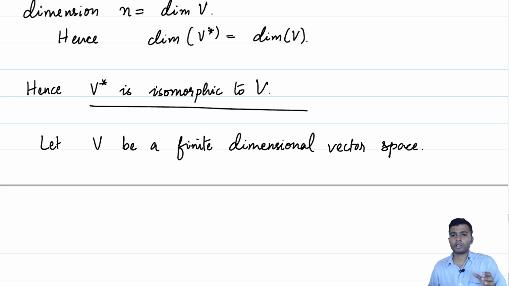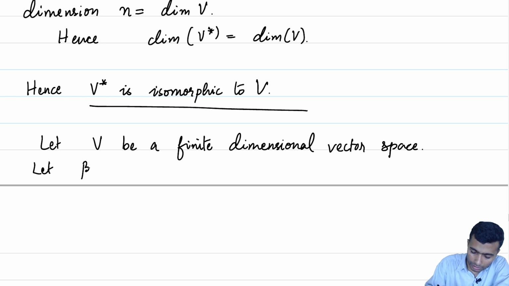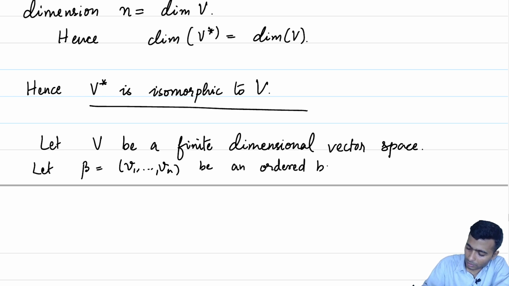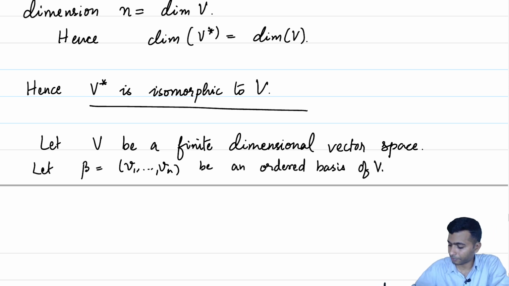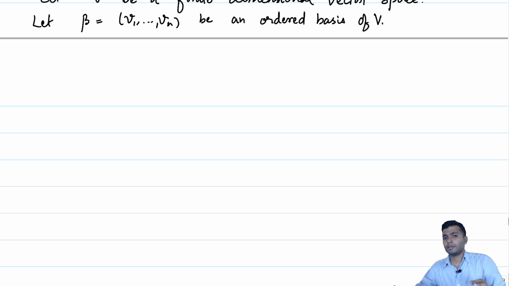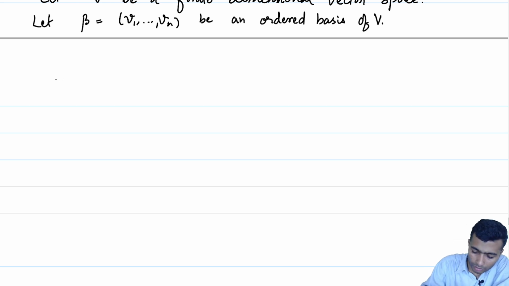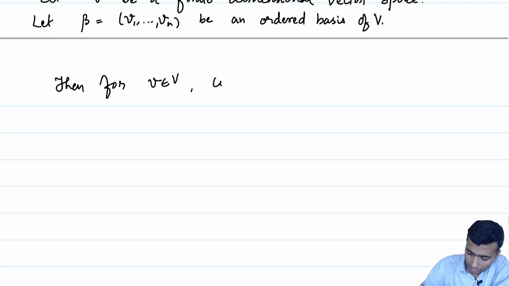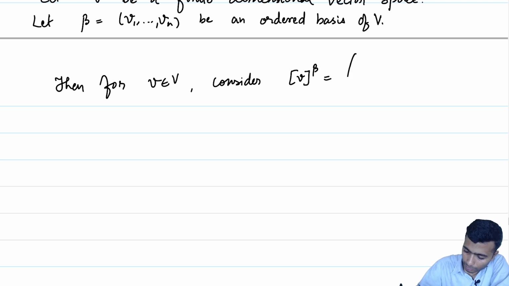Let us fix an ordered basis of V. So, let beta, which is equal to v1 to vn, be an ordered basis of V. Then for any v, there exists a corresponding column vector corresponding to beta, right. Then for v in V, consider v beta to be equal to the column vector a1 to an.